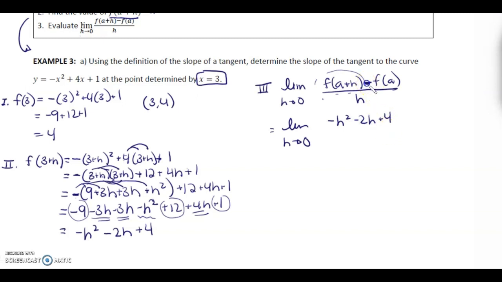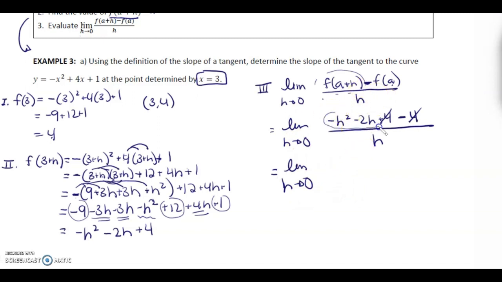Then we're going to go minus f at a, which is 4, all over h. Okay, 4 minus 4 goes away. And we're going to write out limit as h approaches 0. You have to do this all the way down your page. I'll tell you when you can drop it.